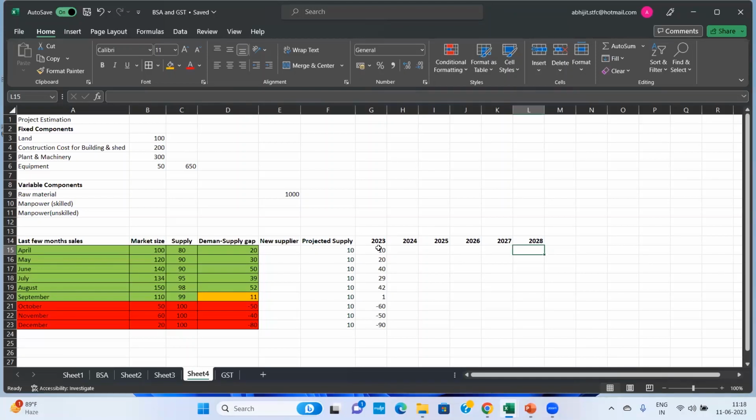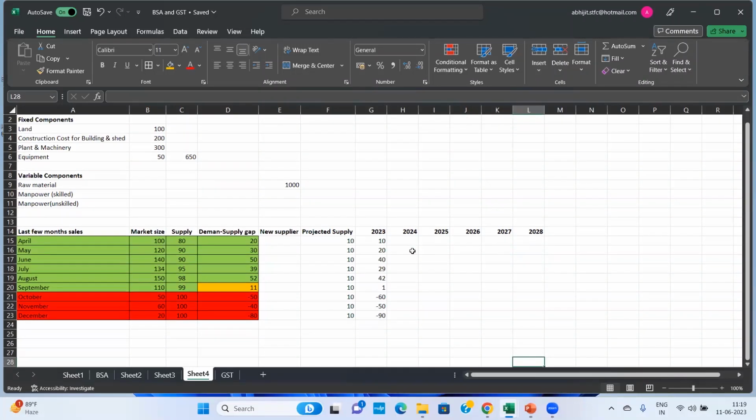I think more than 6 months. So even if you do a 10% increase of this figure, that might not be correct. Could be 20% increase of this demand supply gap. Could be more than that. Could be a 20% drop in demand supply gap.